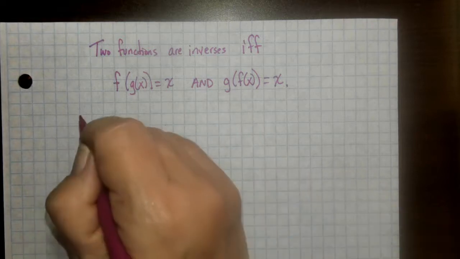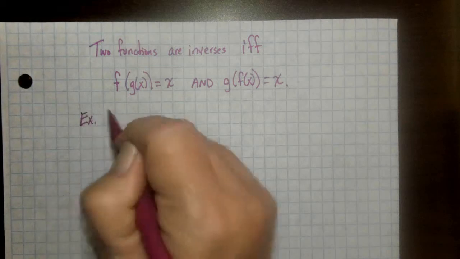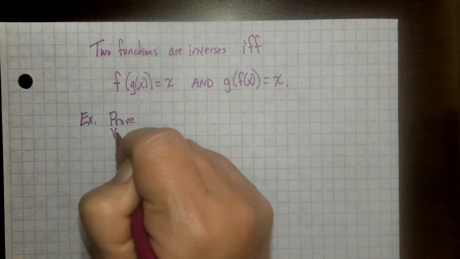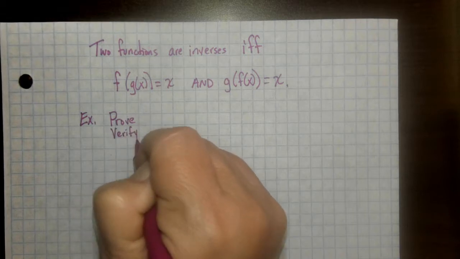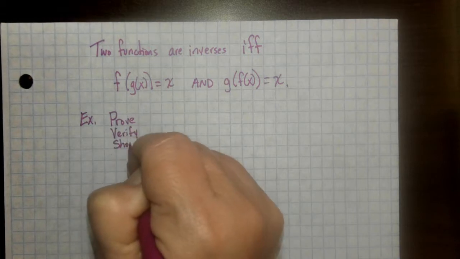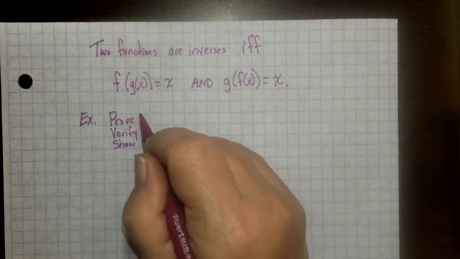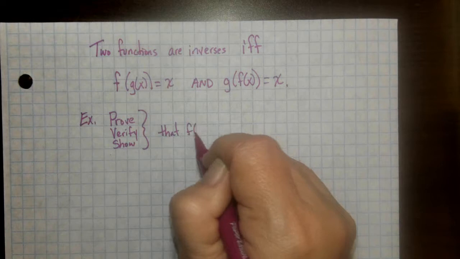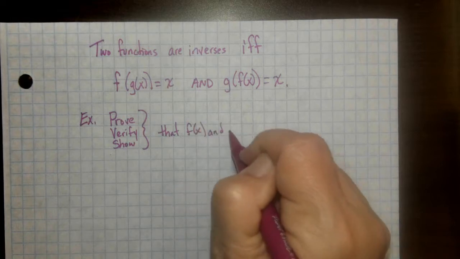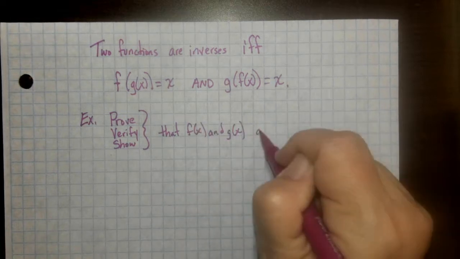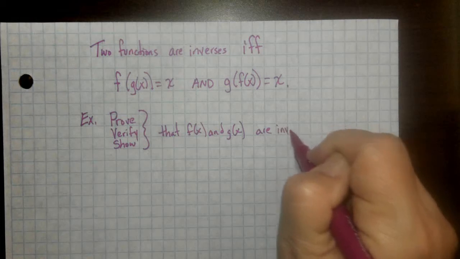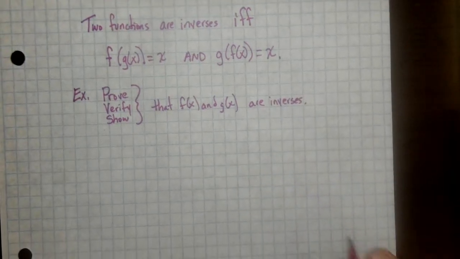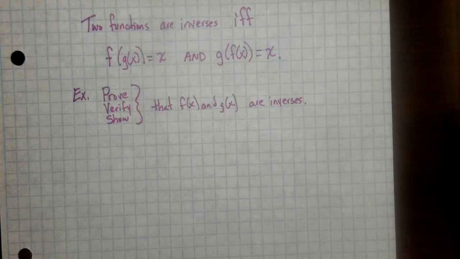So here's an example. If I ask you to prove or verify or show that f of x and g of x are inverses, that's when you're going to use the composite functions.